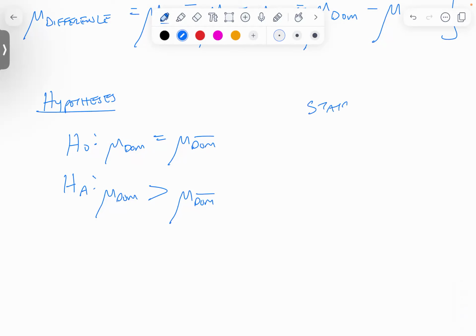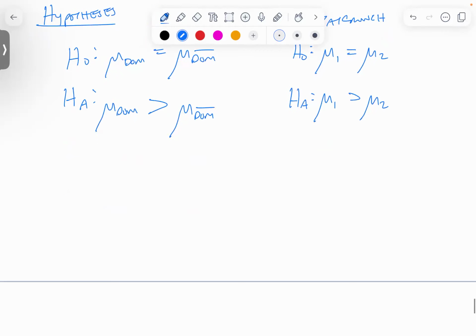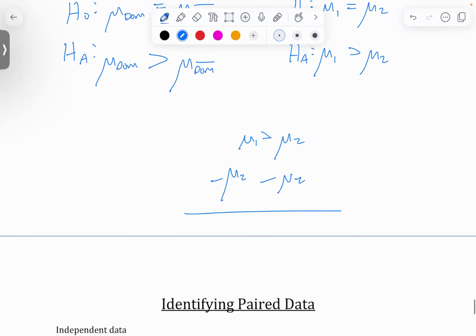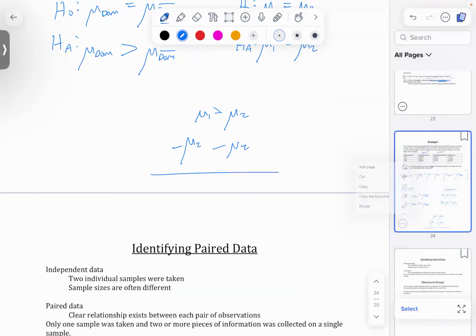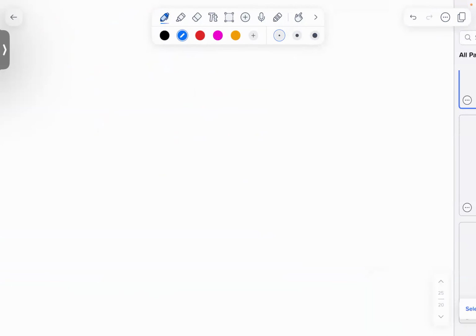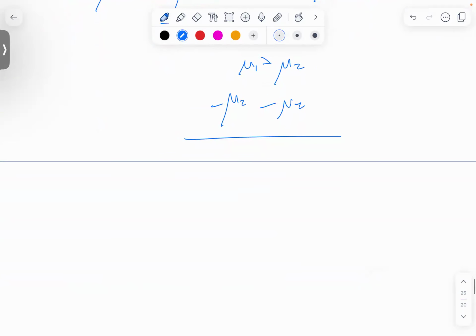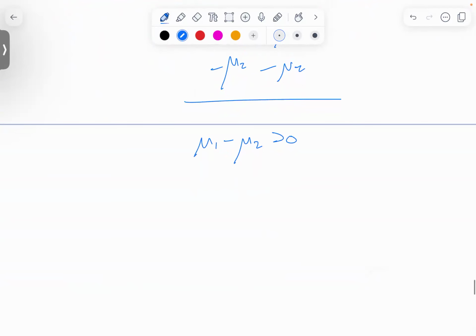Then for StatCrunch, mu1 minus mu2, bring those to the same side. That gives mu1 minus mu2 greater than 0. All right.